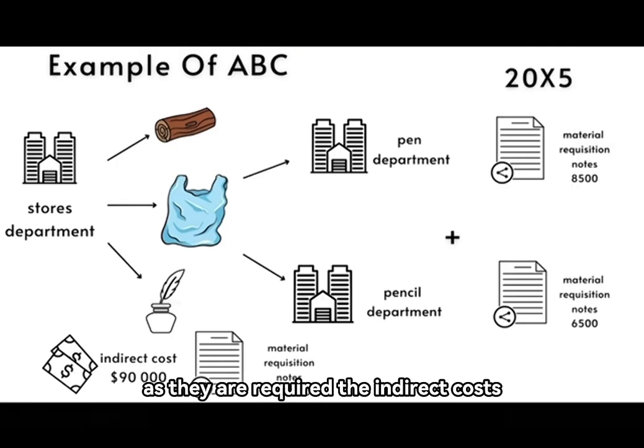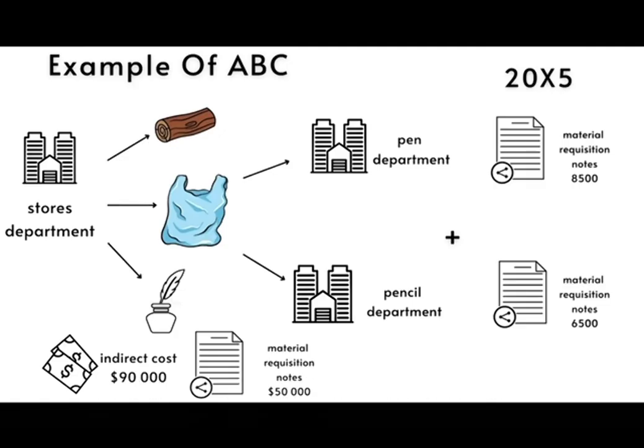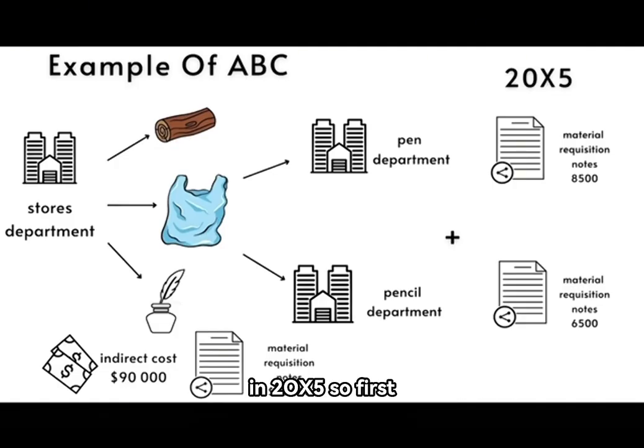The indirect costs associated with issuing raw materials are $90,000, and the number of materials requisition notes, MR, processed by this department is 15,000. The pen department generates 8,500 MRs, and the pencil department generates 6,500 MRs in 20X5.